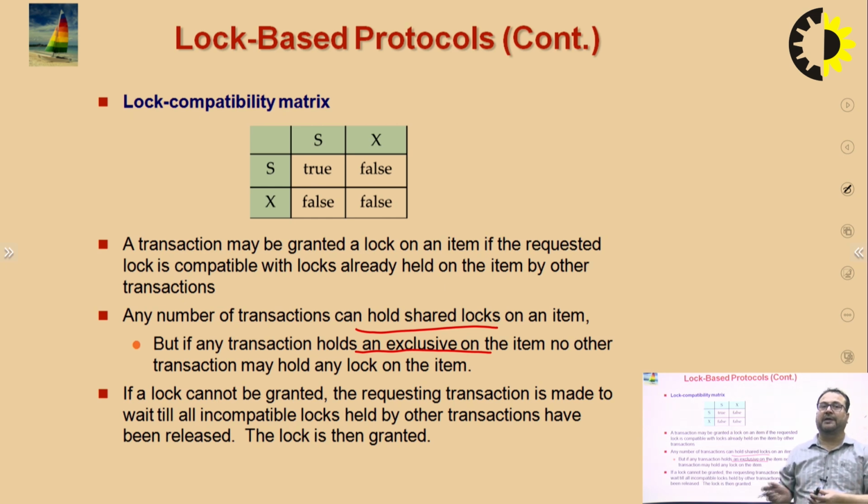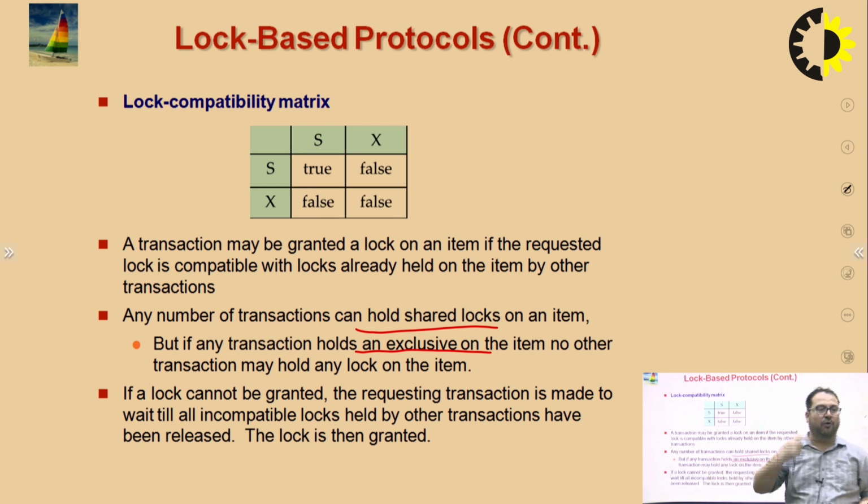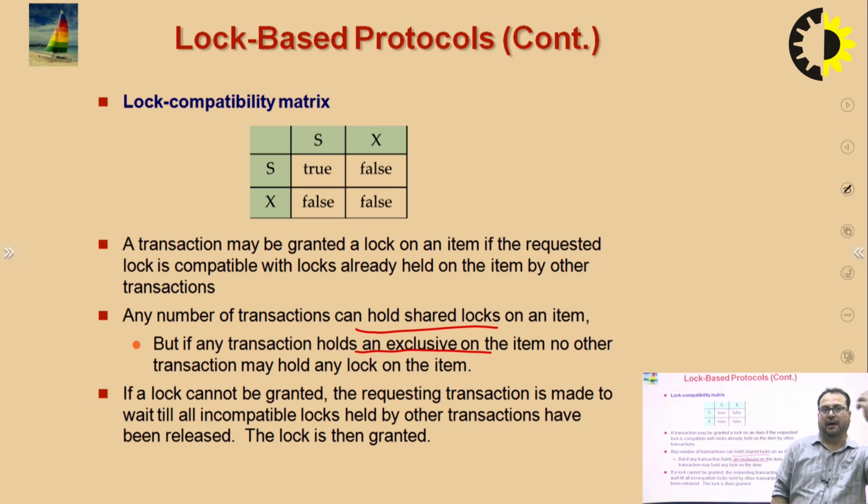So T2 needs to wait, because it will request the transaction control manager, which will see that this has already been locked by T1. Until T1 releases that lock, T2 cannot use or update that data item.